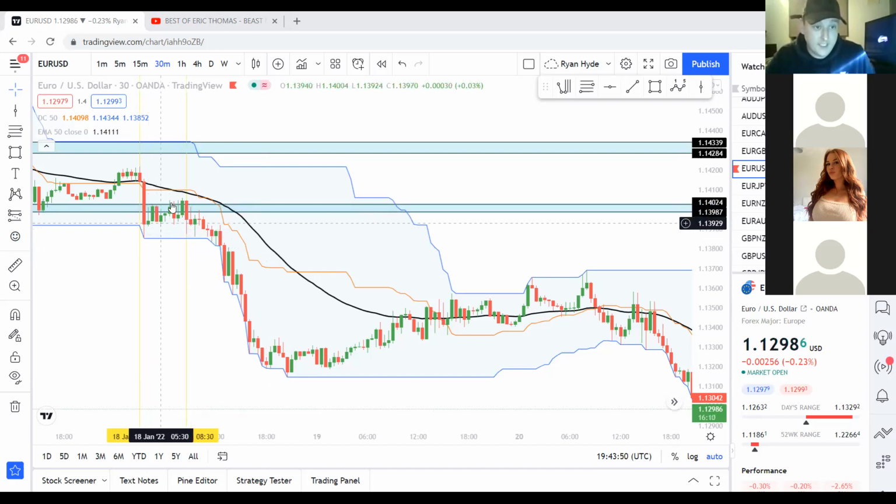And then price comes back up, and then we've got another red candle here. And I guess you could say that is sort of a bearish engulfing candle because it's larger than the green candle.